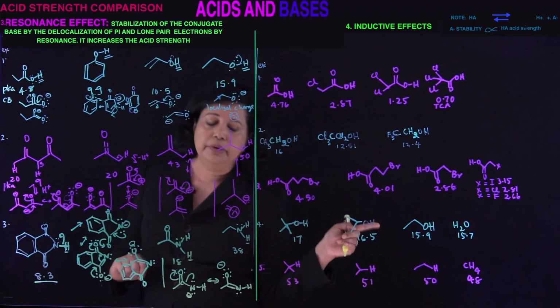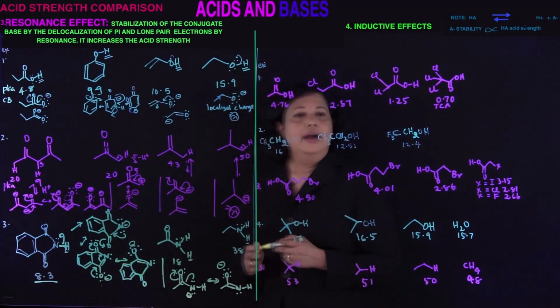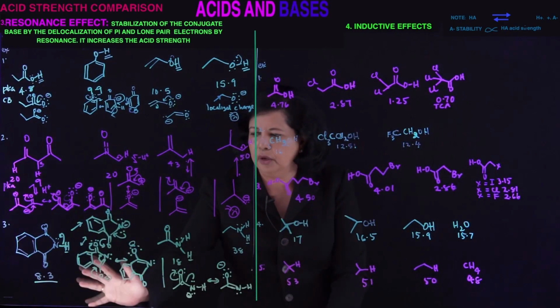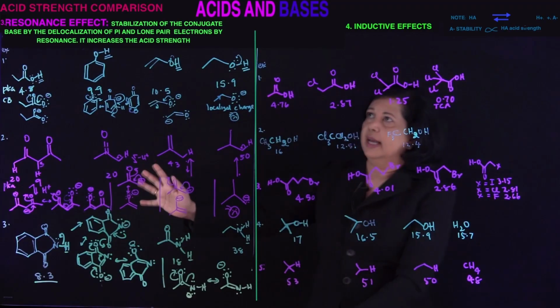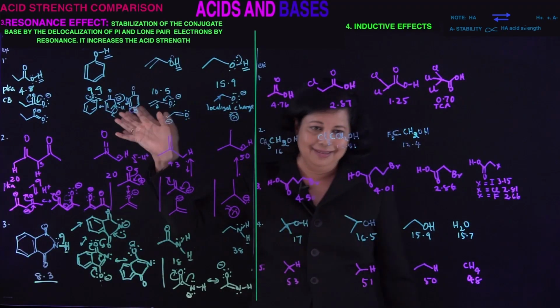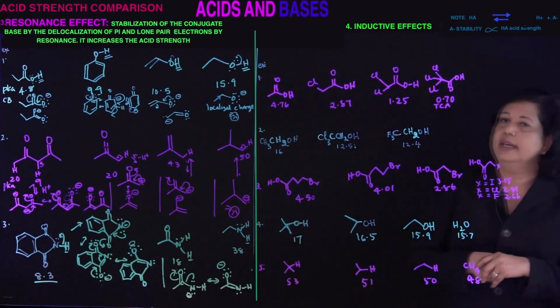Therefore, it doesn't want to spit out that hydrogen, therefore it's not acidic. So that's resonance for you, and we can see how more resonance on more electronegative atoms will make a molecule a lot more acidic.